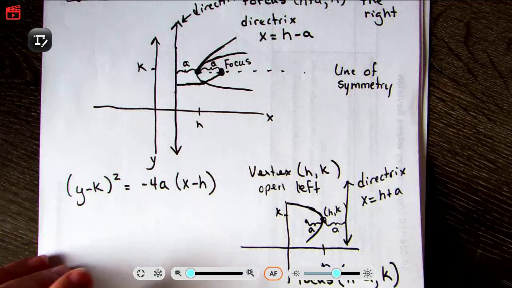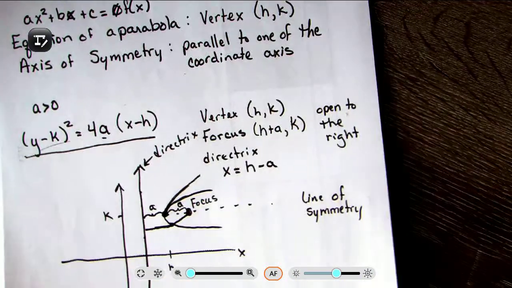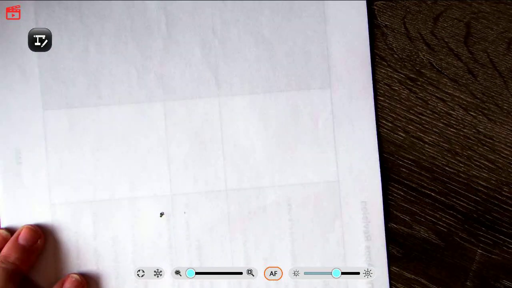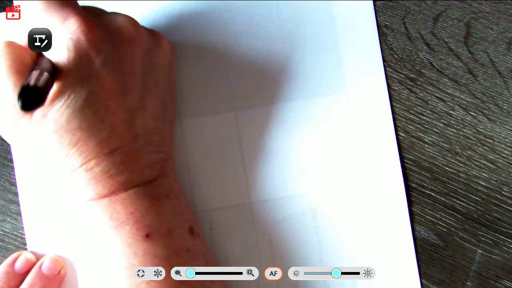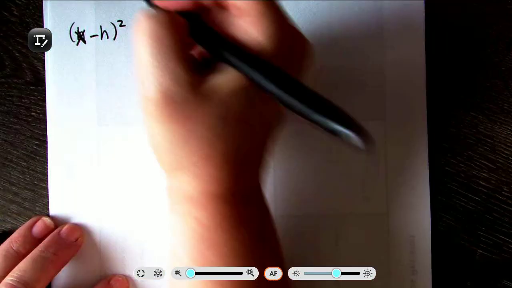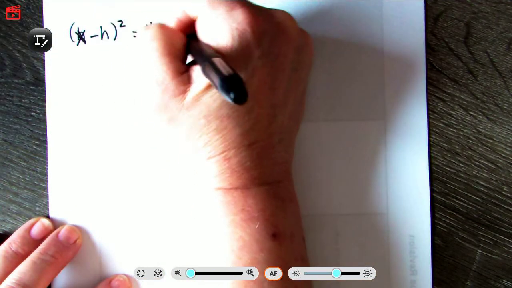All right. The other ones are going to be the ones that open up and down, and they're going to be similar to what we've seen in the past, except we will have (x minus h) squared. So we'll have that square on the x piece. We do get this 4a (y minus k).